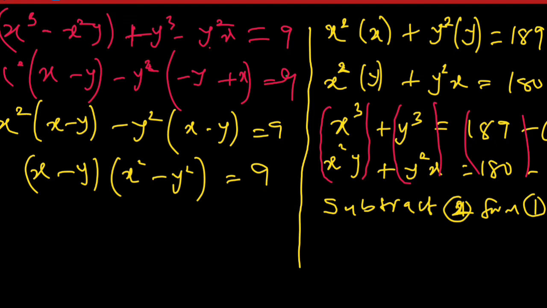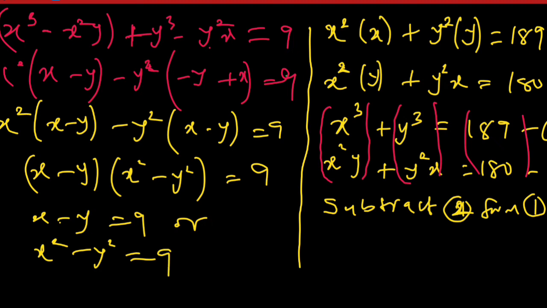That means x minus y, we can easily substitute by saying x minus y equals 9, or x square minus y square equals 9. Now, I can easily solve this simultaneously. These two equations can be solved simultaneously.